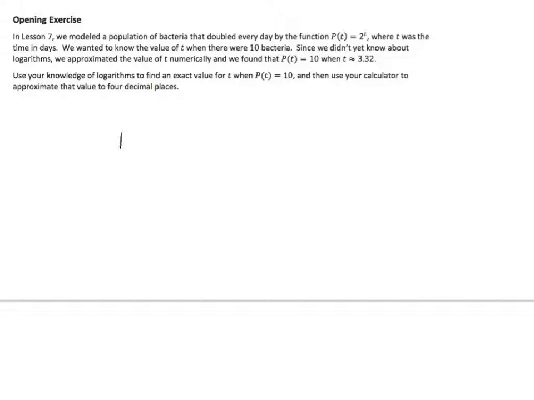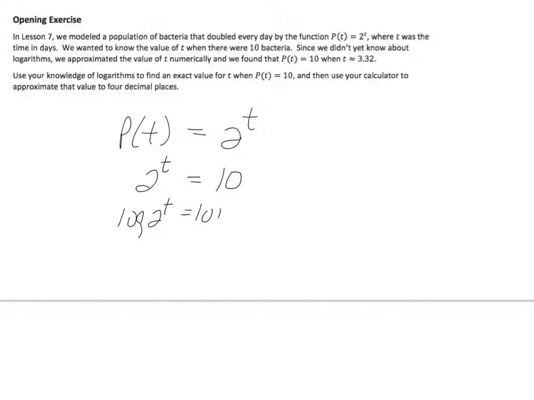Since we have p of t equals 2 to the t, we're setting it equal to 10. So 2 to the t equals 10. Find the exact value for time when your bacteria population equals 10. This is where we would take the log of both sides. We're going to do the log base 10 of both sides, and then start solving it.